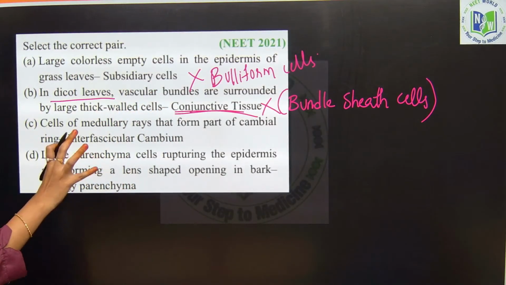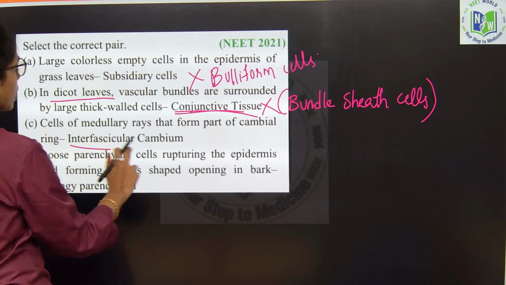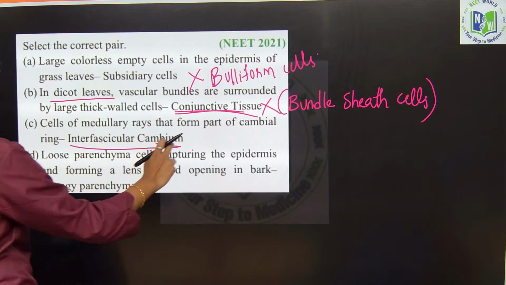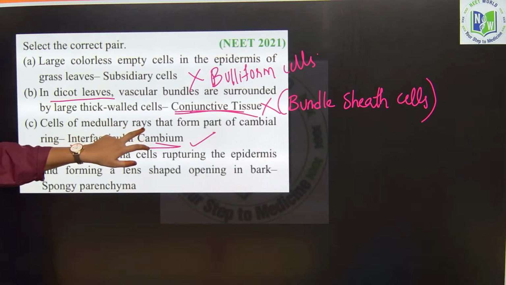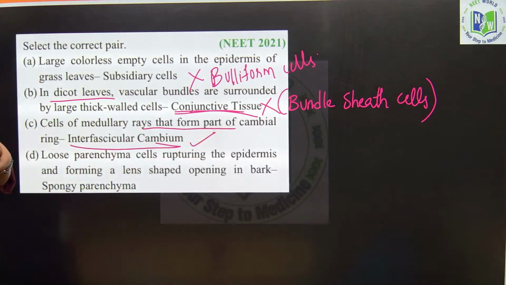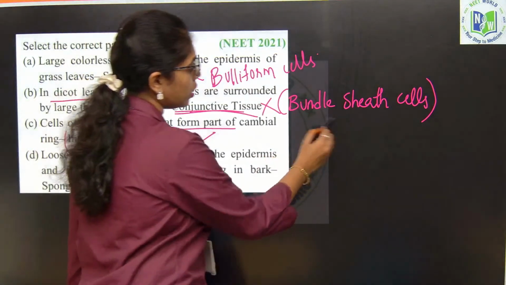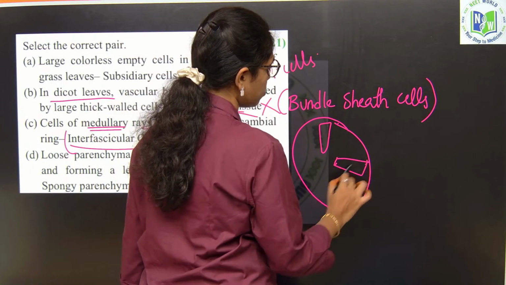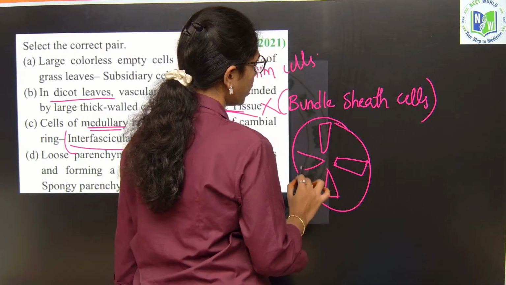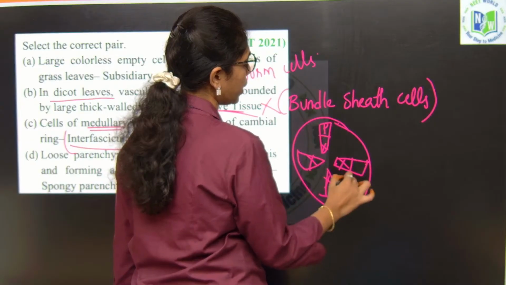Next, cells of medullary rays that form a part of the cambial ring is interfascicular cambium. Once again, look at the statement. No, not just medullary rays will be formed. Interfascicular cambium is observed in conjoint open type of vascular bundles, where xylem is at the center and phloem is at the periphery.